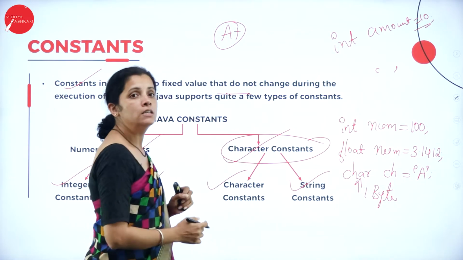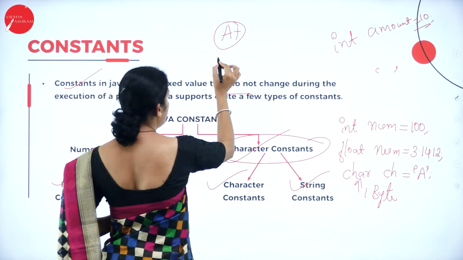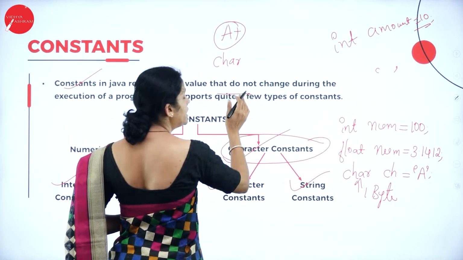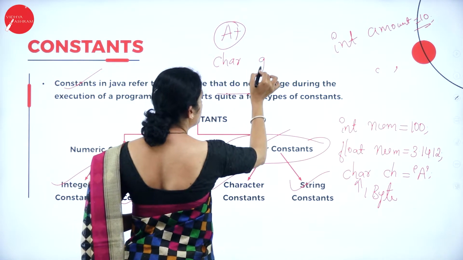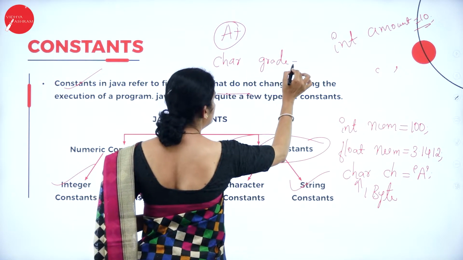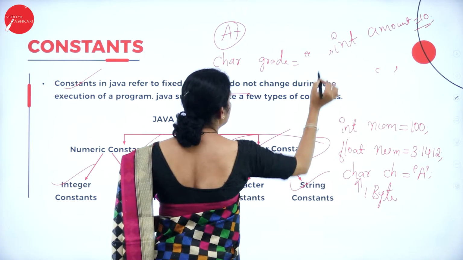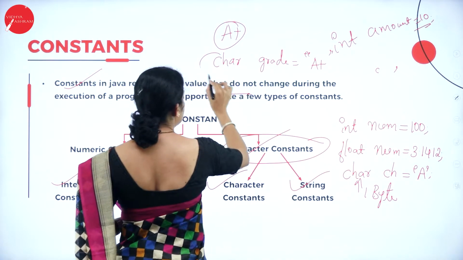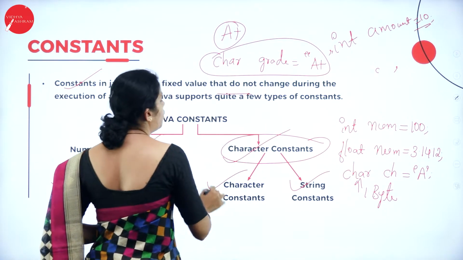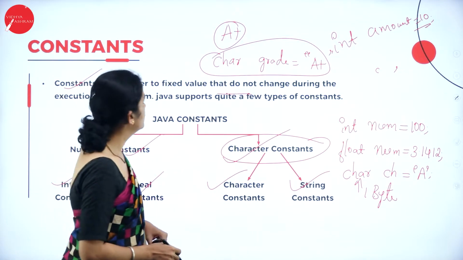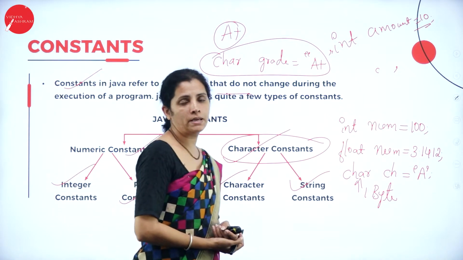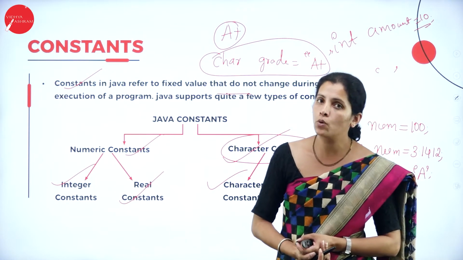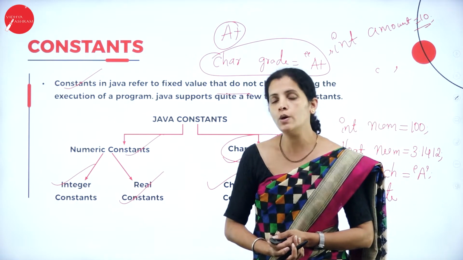To define string constant, I'm going to use the keyword String, or I can create an array of characters and write the characters within the double quote. These kinds of representations are examples for string constant. Here string is the fixed value. Fixed in the sense that during the execution of the program, I'm not able to change the value.